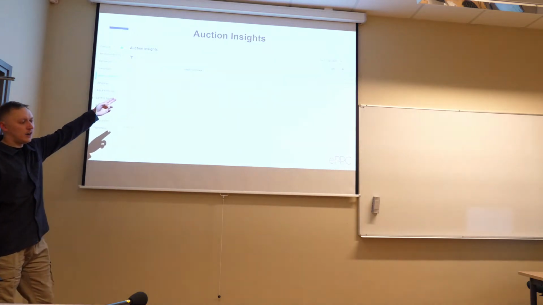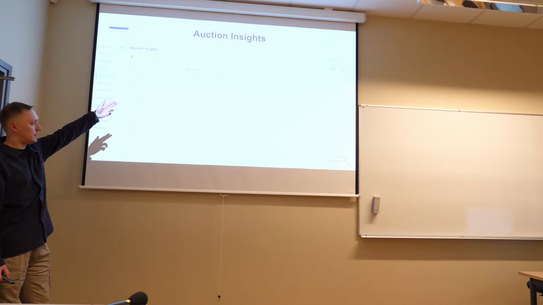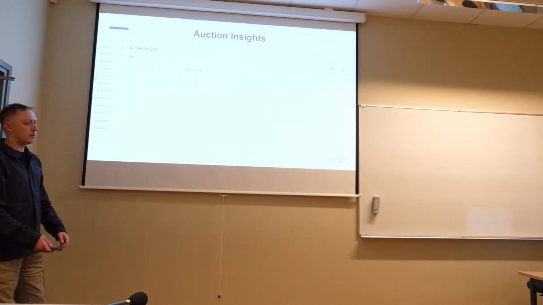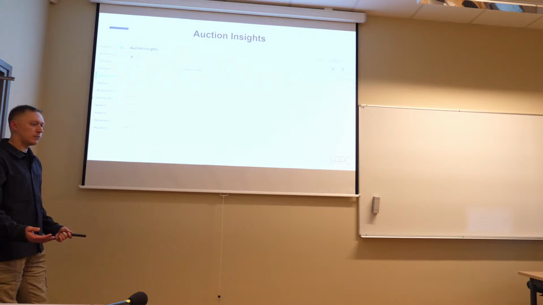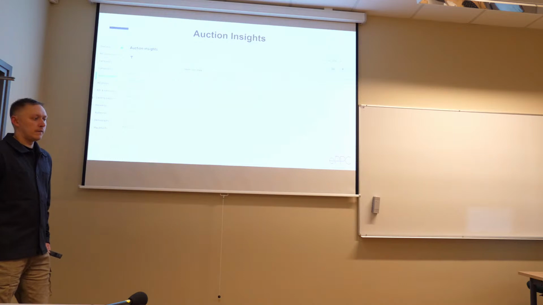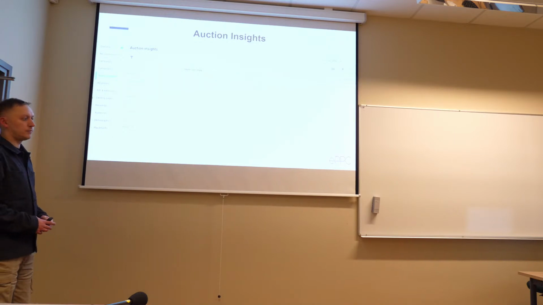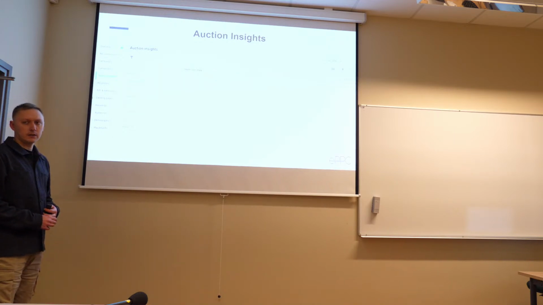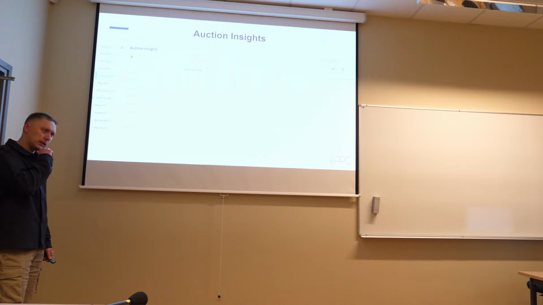Let's say you have the target impression share on 90%, and you probably get it because your quality score is just so high for the brand keywords, and you show up on all of the searches, I think. So in a brand campaign, the impression share is usually like 98 or 99%.